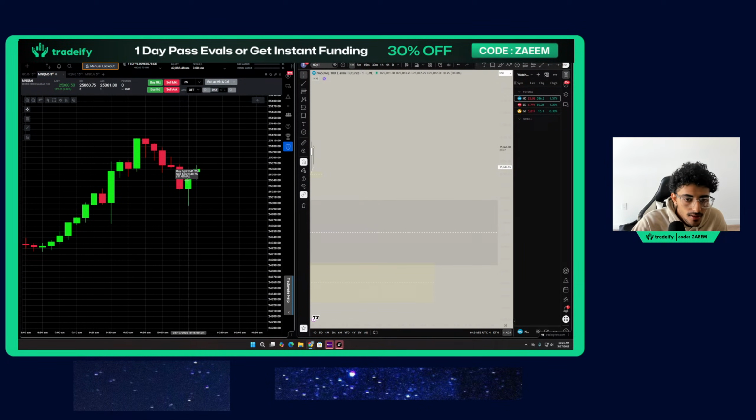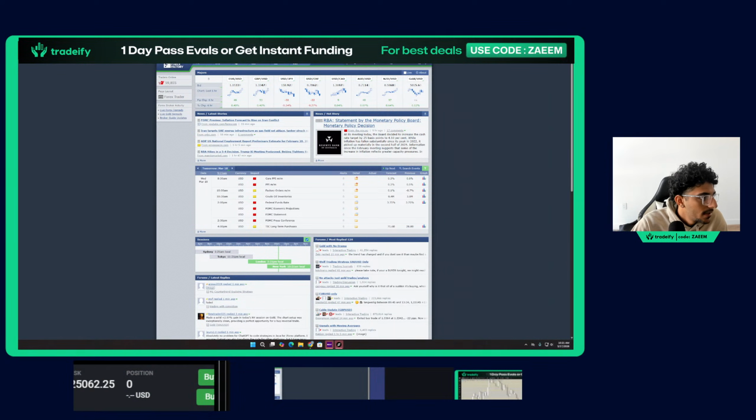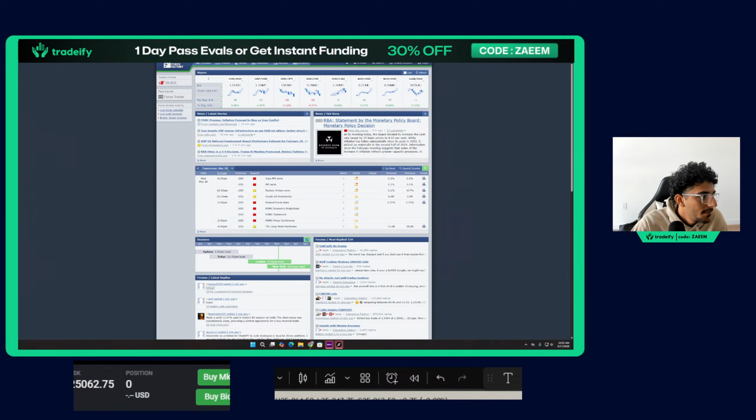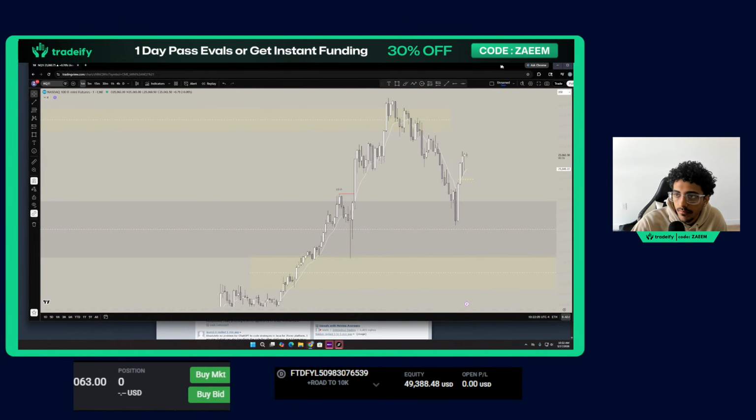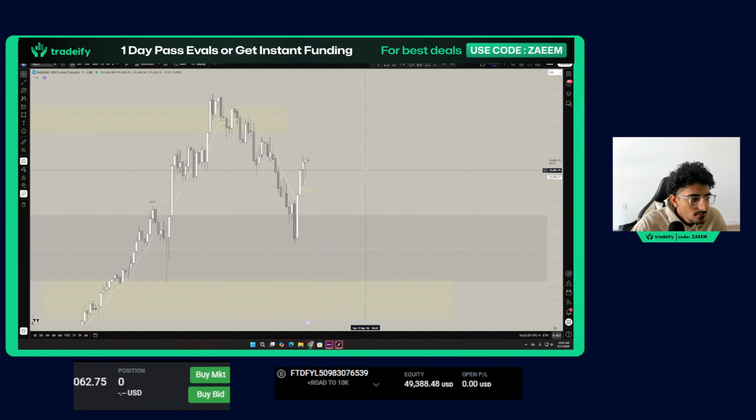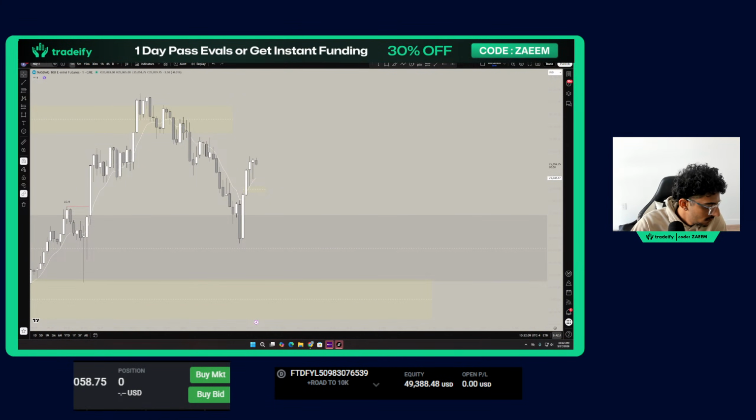It's literally a straight line. Okay, move this back here. Why is my TradingView connected to this? Okay, that was weird. I was copying the trader on my phone. I don't know what happened.